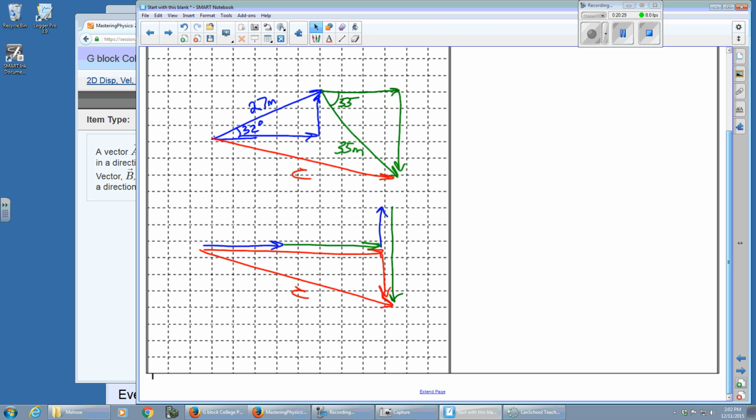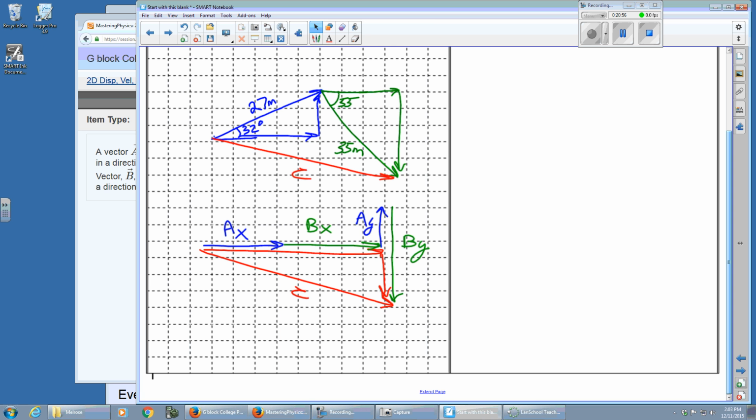I'm going to label these AX and AY, and then BX and BY. I have to arrange them head to tail so that I take into account the directionality.